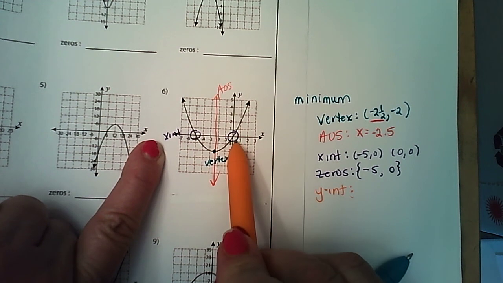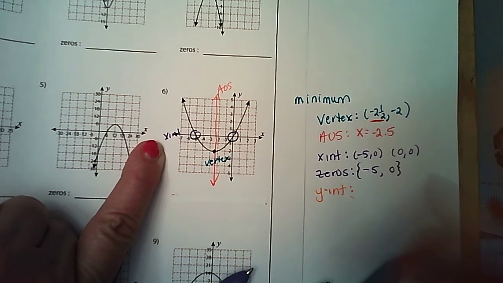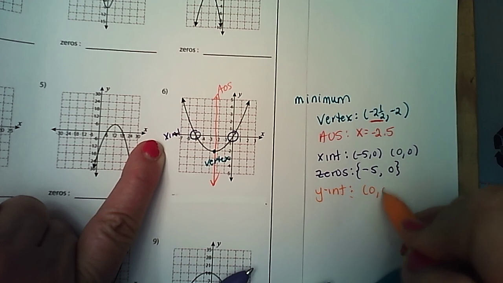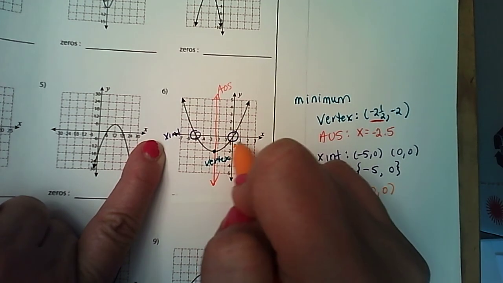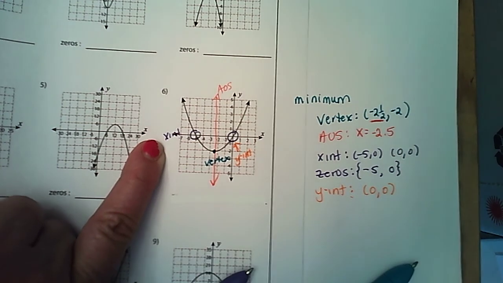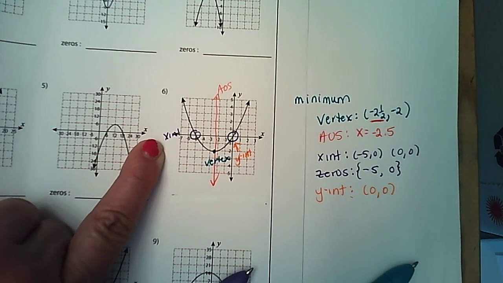It happens to cross the y-axis in the same place it crossed the x-axis, so my y-intercept is the same as that one piece of the x-intercept, but it is 0, 0. That's a lot of information to pull off of one graph, but it's all great information.